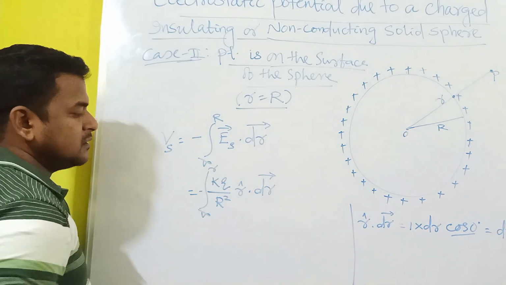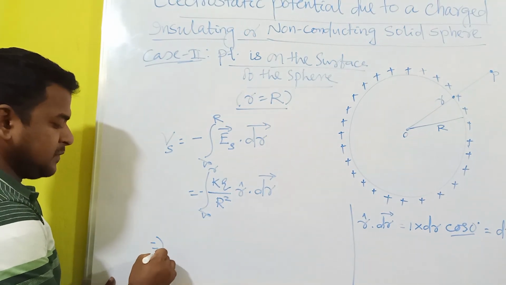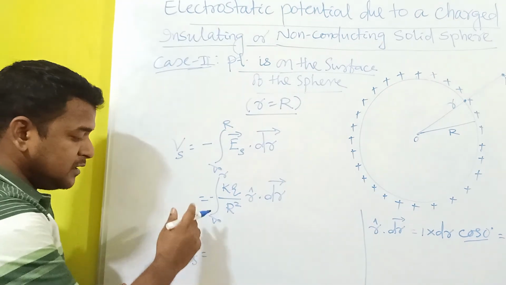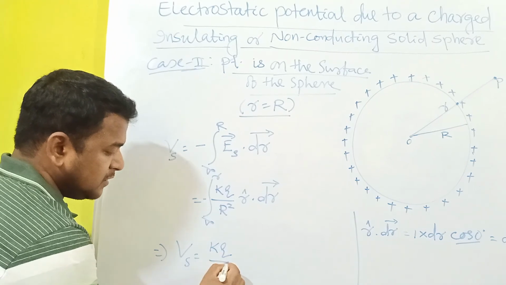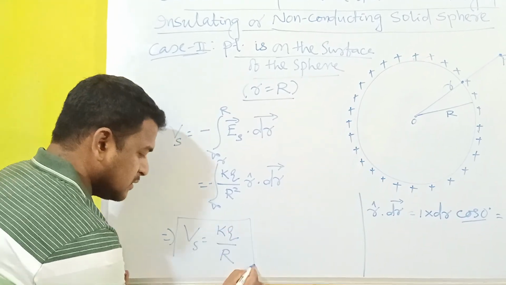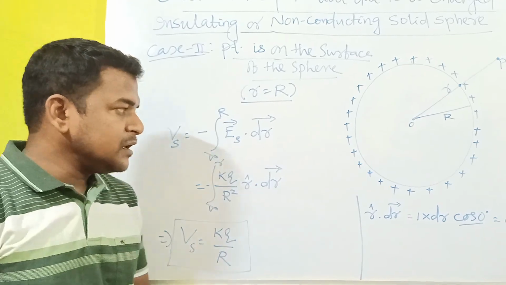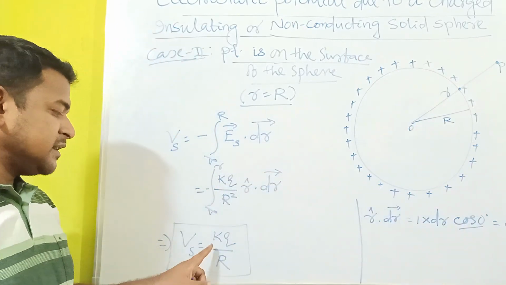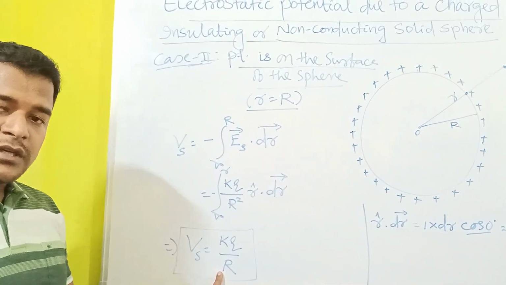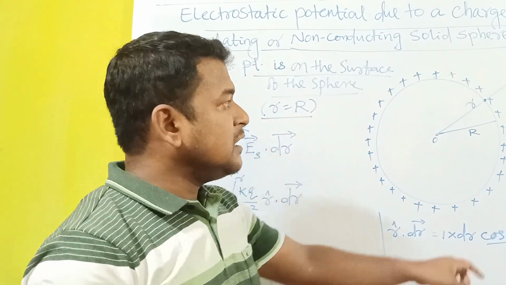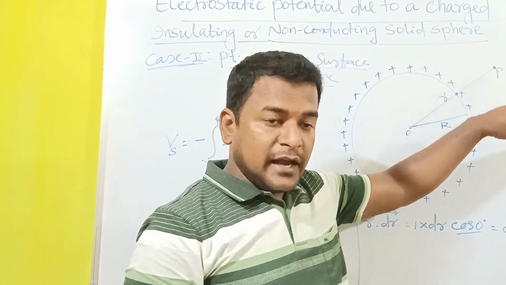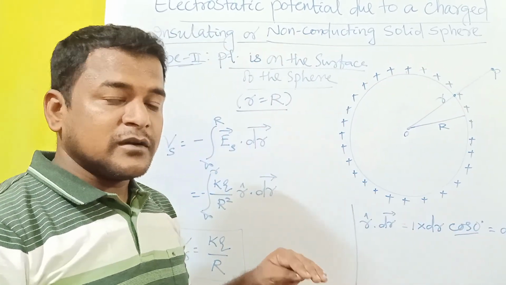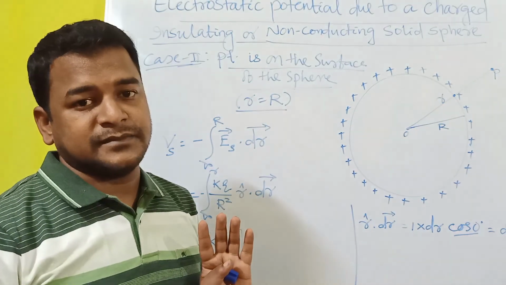If you follow the same procedure as in case 1, you will get kQ upon R. So the potential on the surface of the non-conducting sphere is kQ upon capital R. We conclude that the potential at a point outside the sphere and on the surface of the sphere are the same for both non-conducting and conducting spheres.